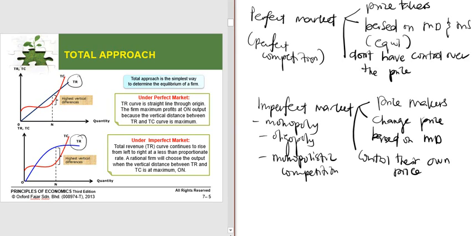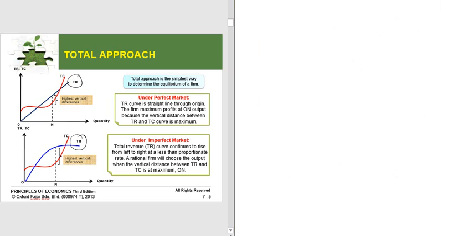Just now in the previous slide, I told you that the main objective of a firm is to maximize profit, and another one is to minimize their cost of production.